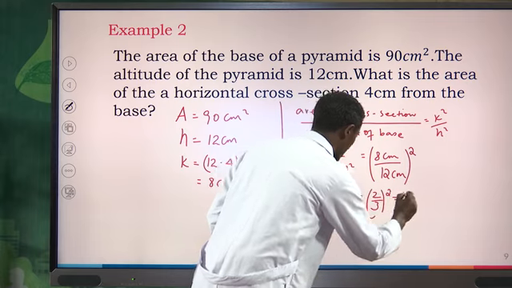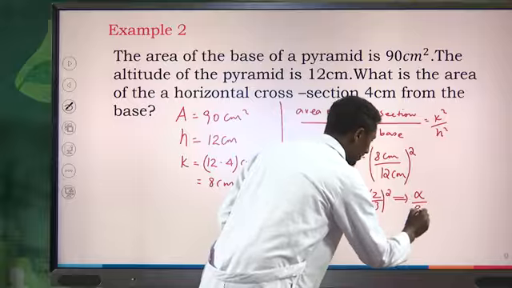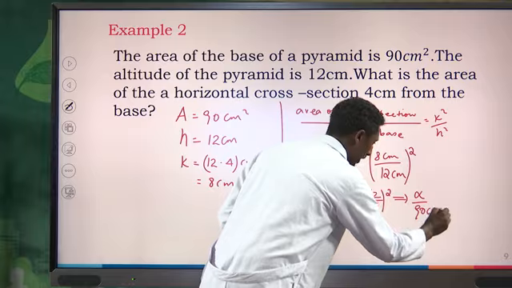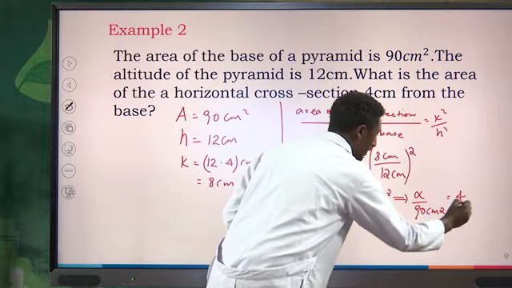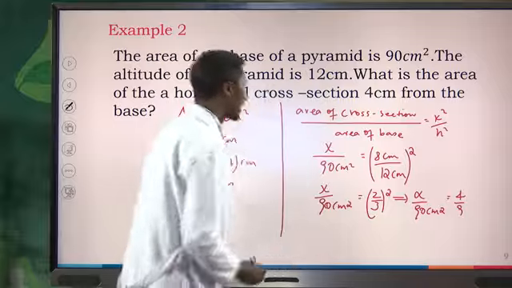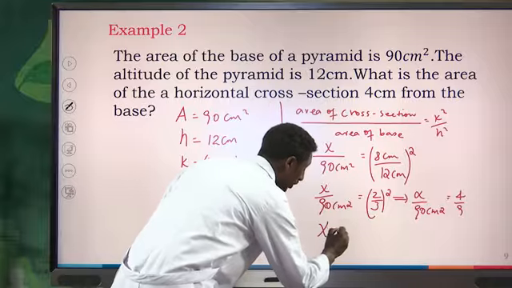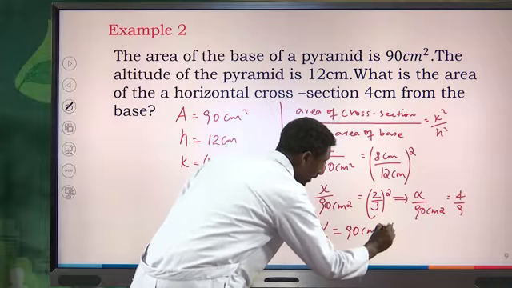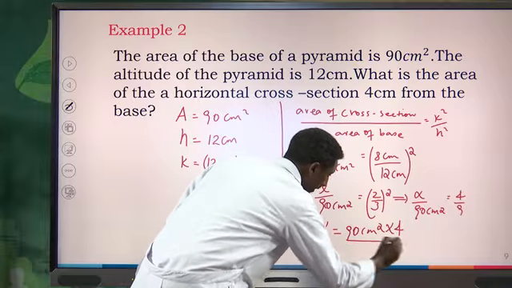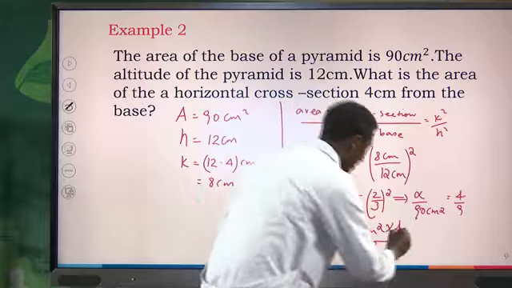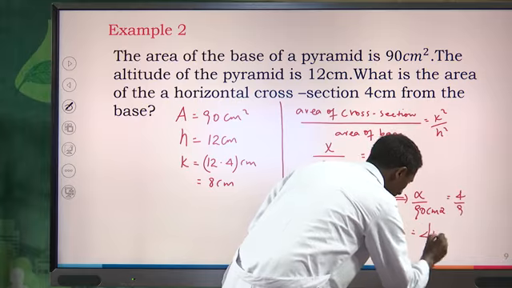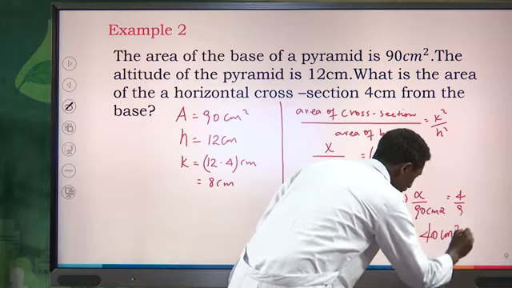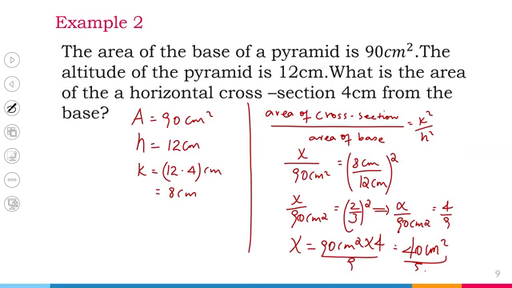This implies x over 90 centimeter square equals 4 over 9. Now x equals 90 centimeter square times 4 over 9, which is equal to 40 centimeter square. So the area of the cross-sectional area is 40 centimeter square.